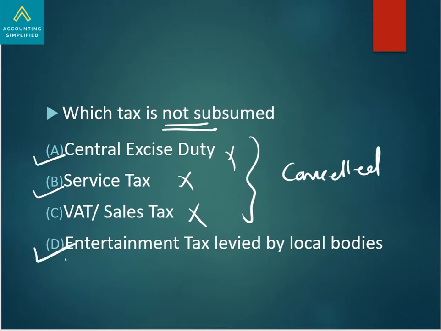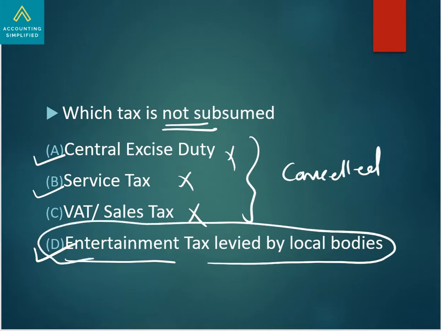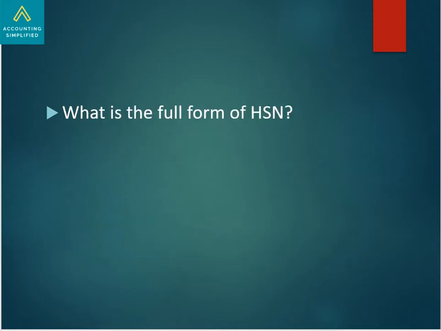The entertainment tax levied by local bodies is still not subsumed. If it is asked, the answer is entertainment tax, and I have shown you the slide of taxes which are not subsumed. I hope that you learned this also.